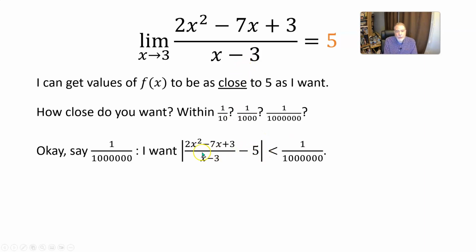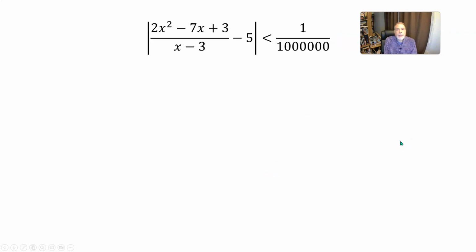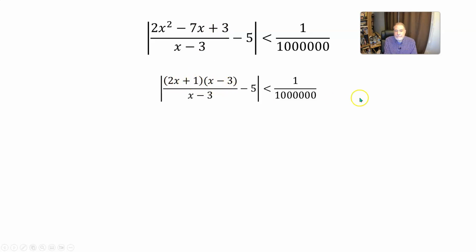The distance or difference, how close the value of the function is to 5, is very close. It's less than 1/100000th away. So how can we make sure that happens? Well, notice we can factor this numerator into 2x plus 1 times x minus 3. And as long as x is not equal to 3, that reduces to just 2x plus 1.